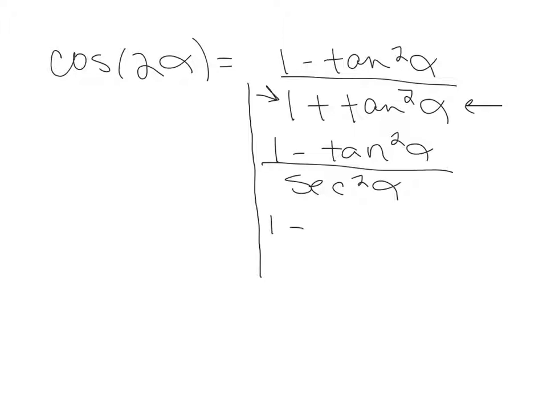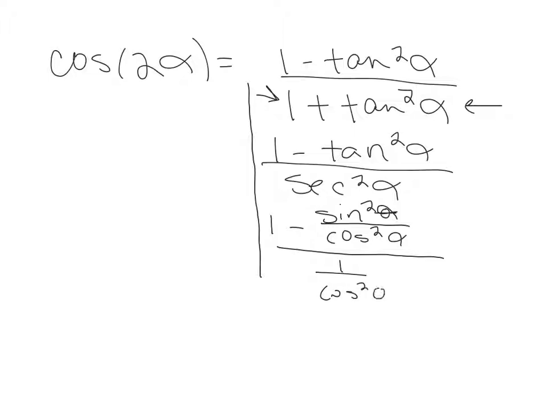So, tangent squared is equal to sine squared over cosine squared. Oops, I put theta instead of alpha. And secant squared is equal to 1 over cosine squared.